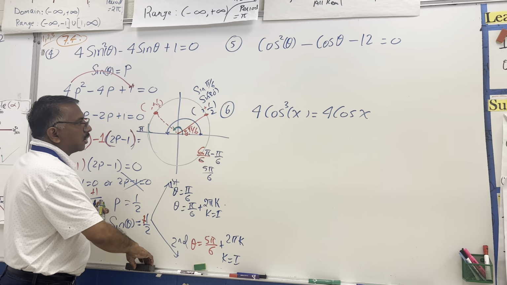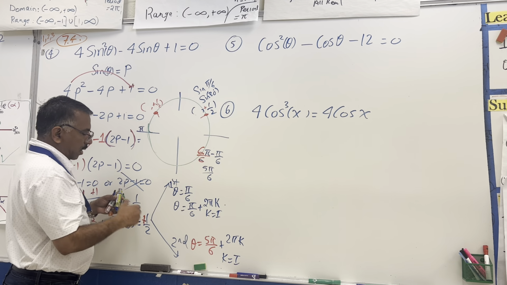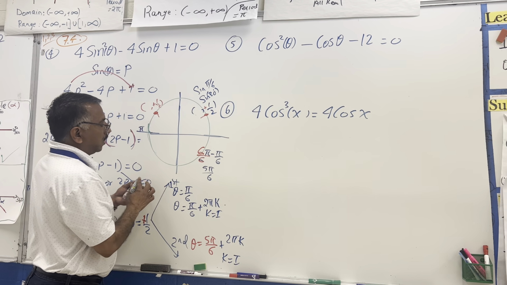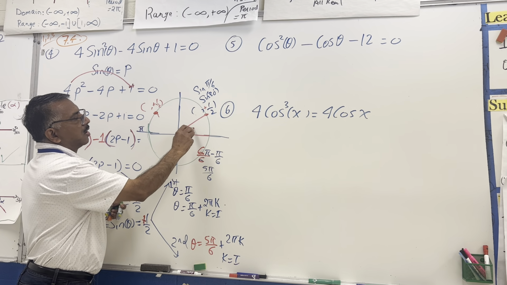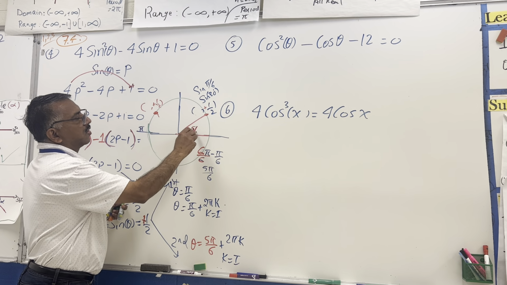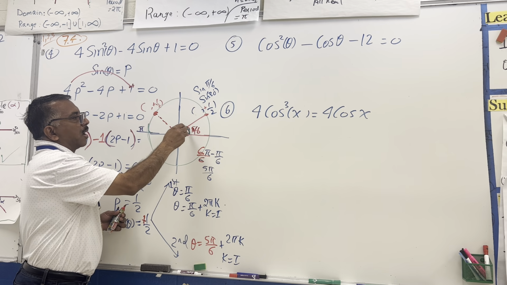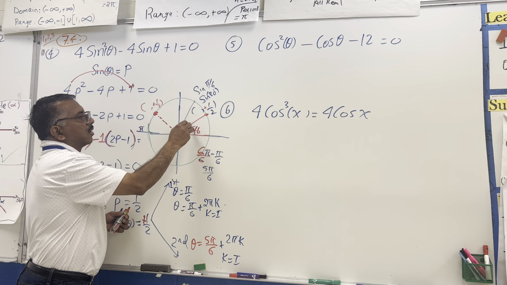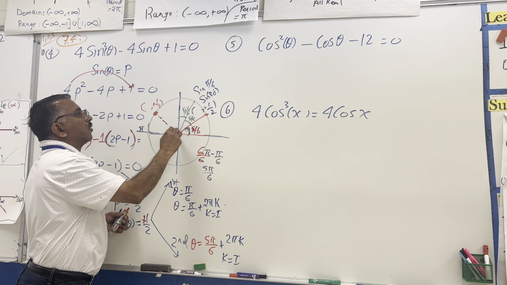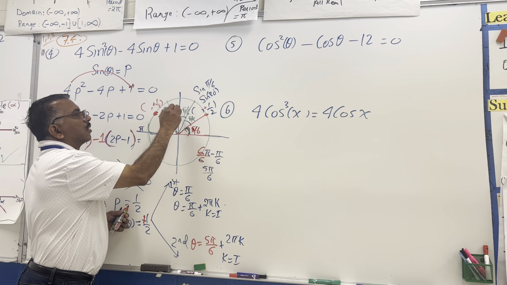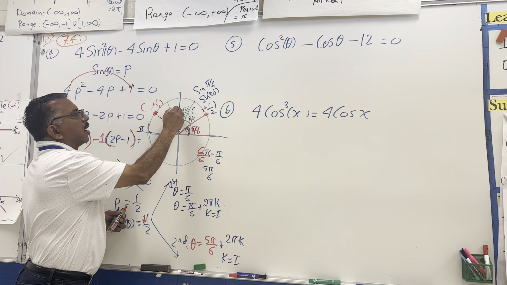Instead of doing this, you could also do it directly. The moment you are given pi by 6 here, you go to the other quadrant and just think of how many pi by 6 you have to go. 1 pi by 6, 2 pi by 6, 3 pi by 6, then 4 pi by 6.